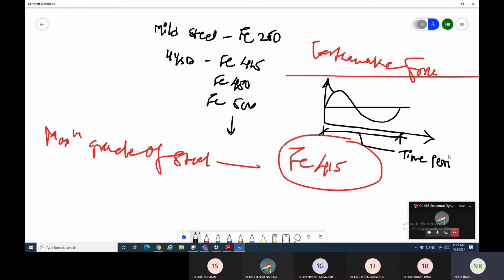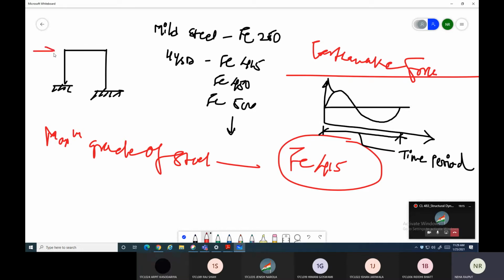Right, so if this is a single story building, single story frame, and if the earthquake force comes, lateral force comes, means horizontal force comes, then this structure will move like this, right, and after removing this force, the structure will regain its position, right.